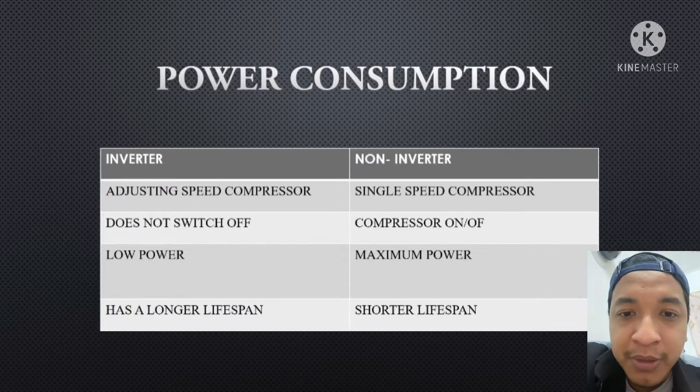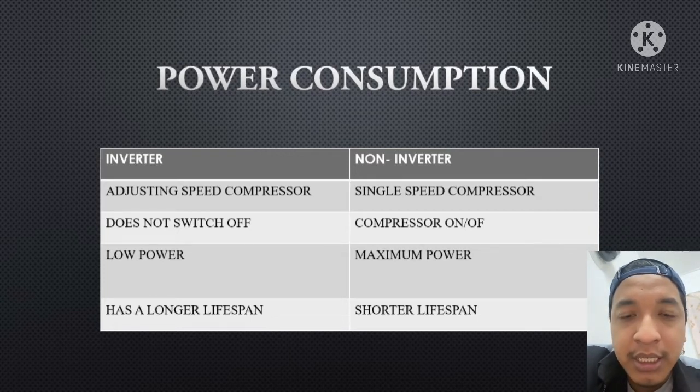Now I will talk about the power consumption in inverter system. So as you can see, this is the difference between non-inverter and inverter system. Firstly, inverter technology air conditioning has a variable speed compressor, and operationally they are quite different from a regular air conditioning that has only a single speed compressor, or what we call a fixed speed compressor.